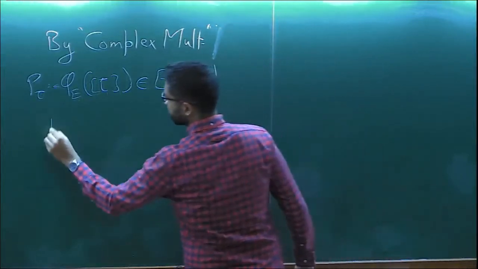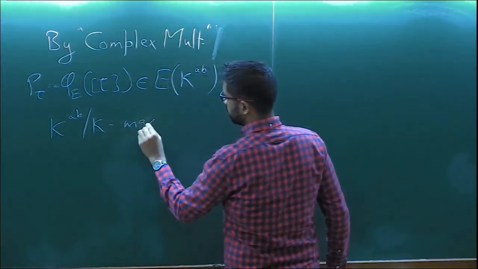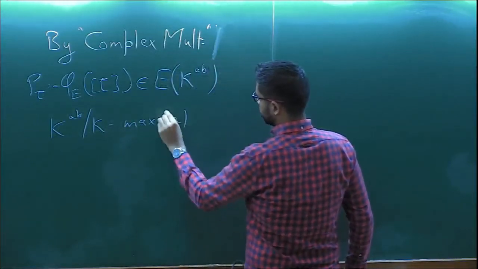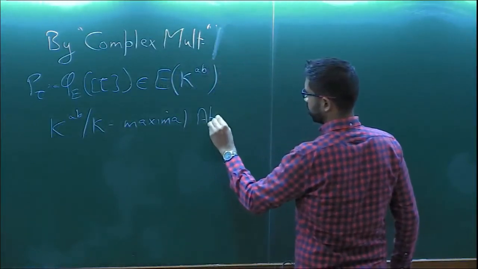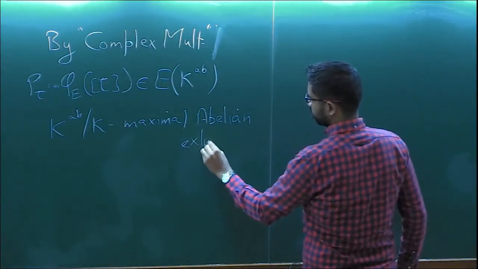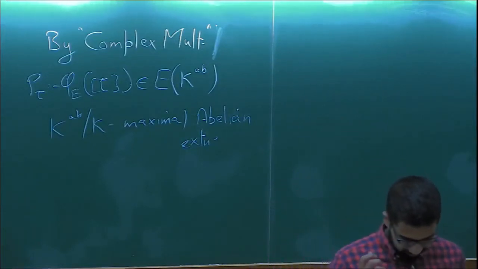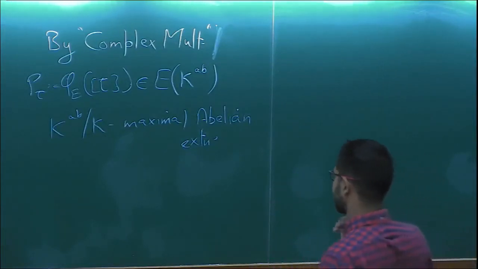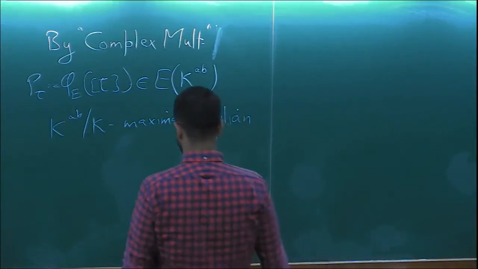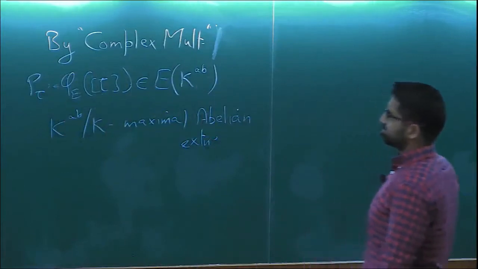So it's defined over the maximal abelian extension of K. So this is somehow exploiting the theory of complex multiplication. It's in some sense rough class field theory, in some sense, yeah.